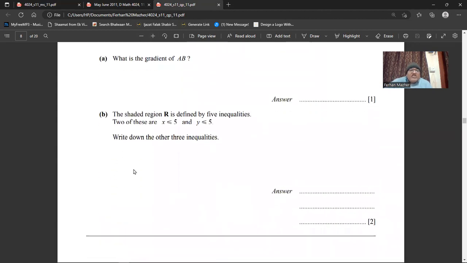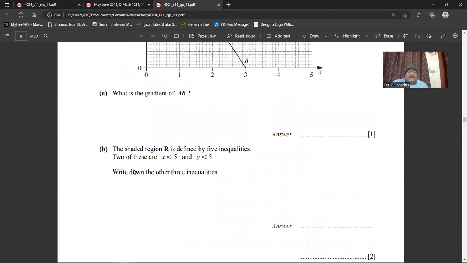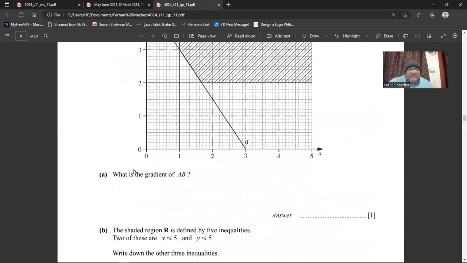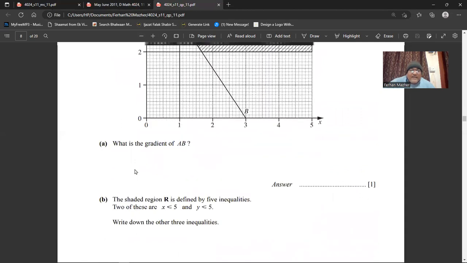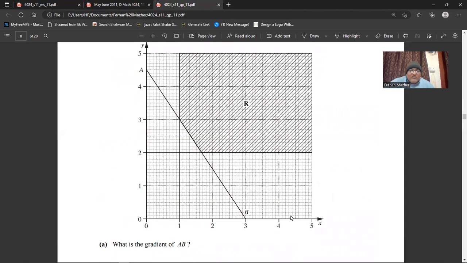He says the shaded region R is defined by the 5 inequalities. 2 of these are given. X is less than and equals to 5. Y is less than and equals to 5. Okay, so x equals to 5, they have given the inequality of this line, and they also have given the inequality of this line. So this line is left.